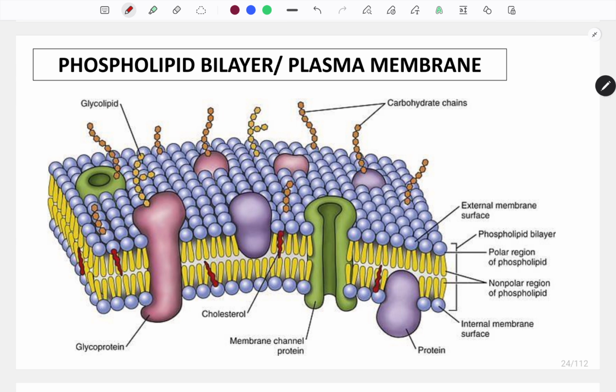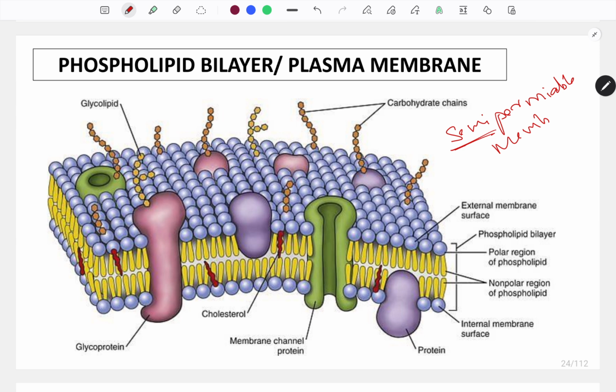And this is the second layer, the phospholipid layer, or we can also call it the plasma membrane, or a semi-permeable membrane. Why it is called semi-permeable means it will not allow everything.